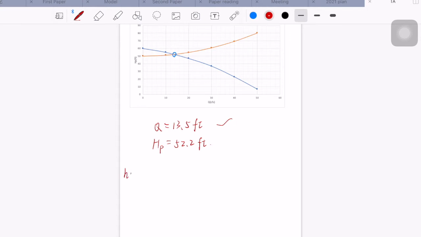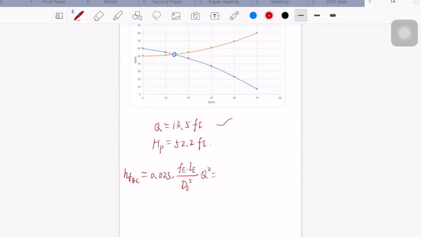So H_F,BC equals 0.0252 times F_E times L_E divided by D_E to the power of 5 times Q squared.